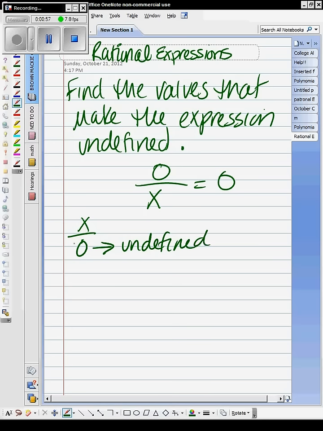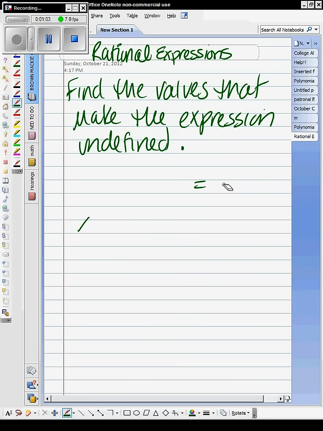So you know all of that bit of information, but now we've got to deal with rational expressions. And rational expressions is just pretty much fractions. So, first things first.